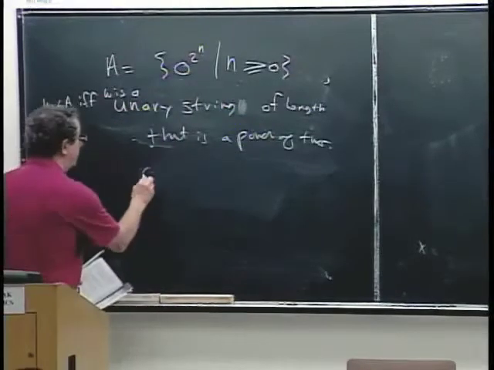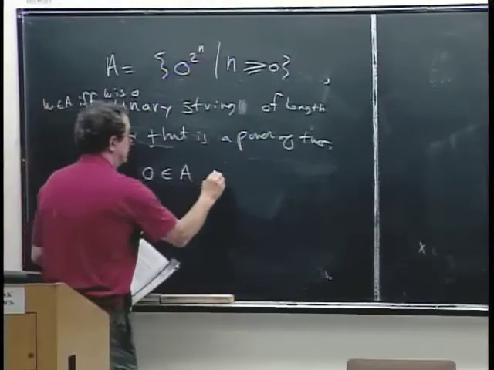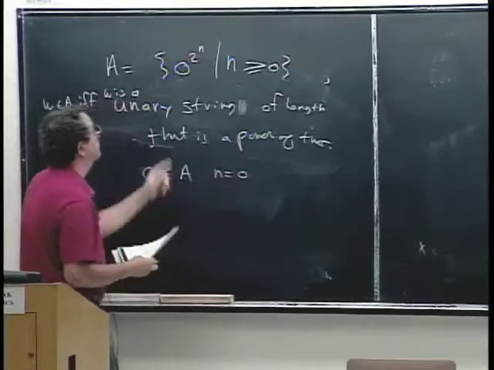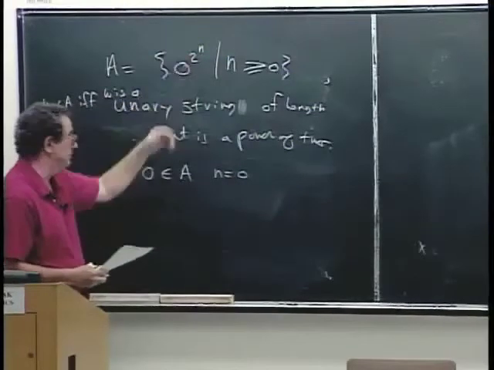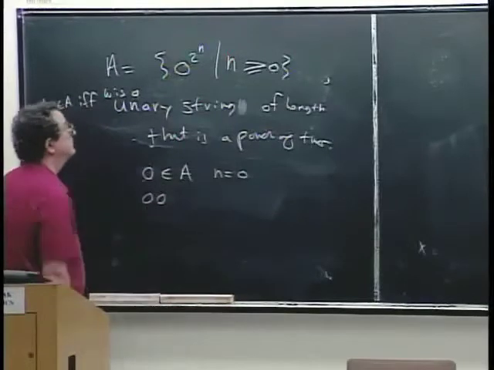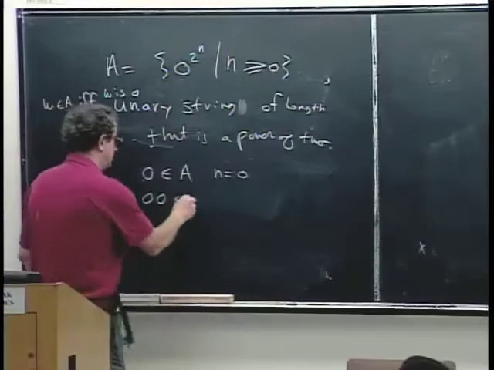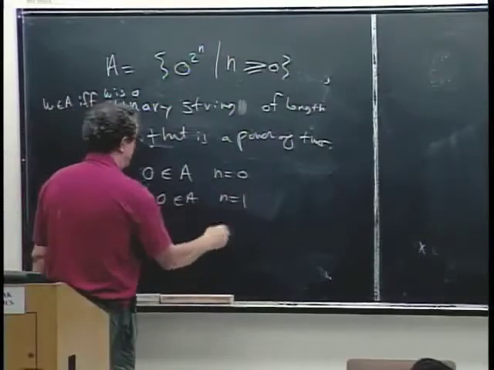A single 0, we just said it was in there because you could take n equals 0. So 2 to the 0 is 1, and that's just one 0. What about 0, 0? Yeah, that's in there because n equals 1.